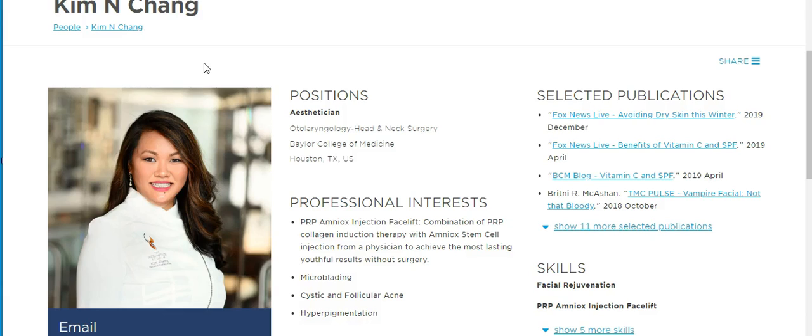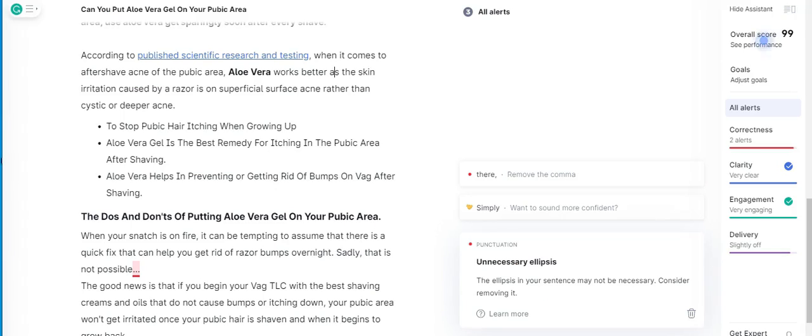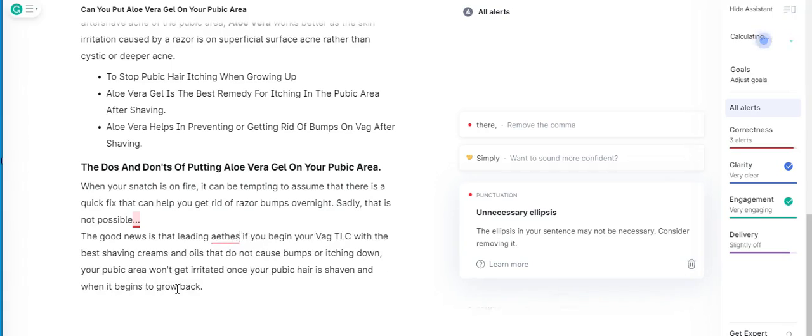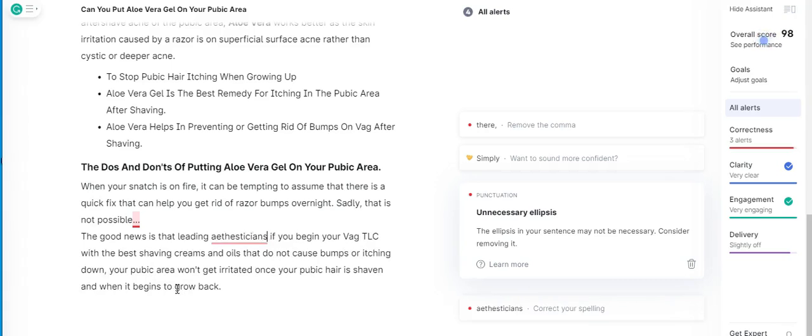Kim Chang is a dermatologist, but she's also an aesthetician, which I think helps quite a lot. She's very, very knowledgeable in terms of some of the subject matters that I'm tackling in here. And because I've borrowed a bit of available research and information from other sources, it's prudent for me to make sure that I reference those areas and point out to them.